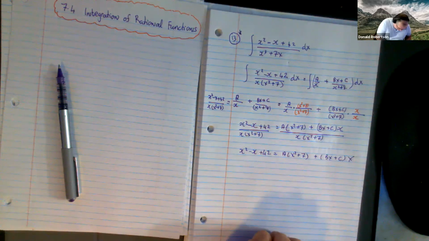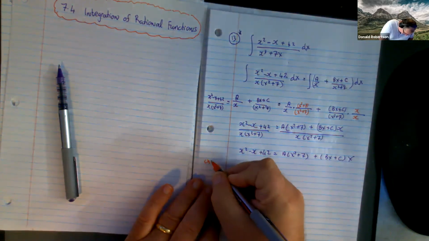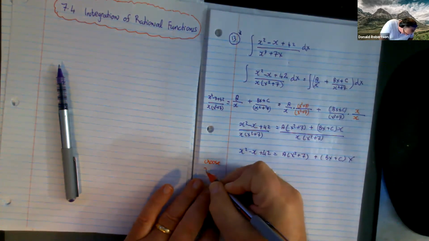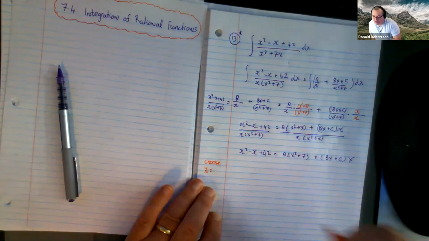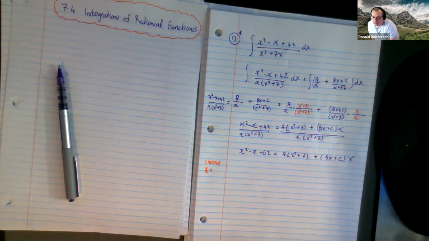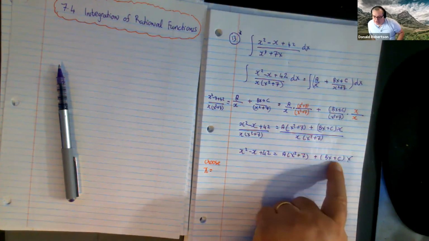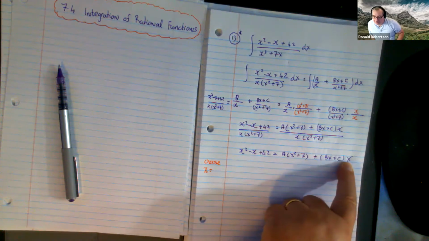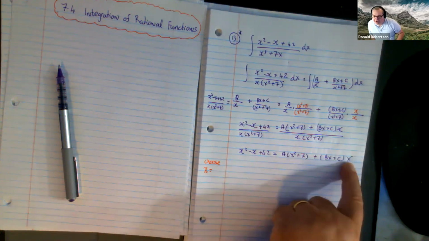And so we start choosing values of x. We try and pick them in such a way that we only leave one letter, A, B, or C, alive. We get rid of the others. What value of x would be a good choice to get rid of two of these letters and leave only one behind?